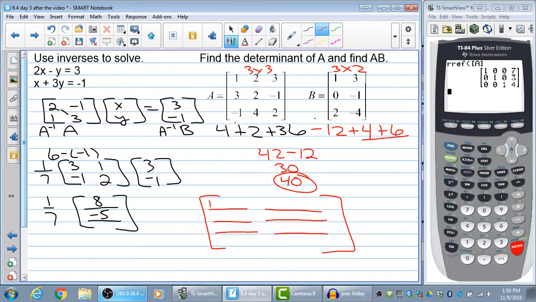We got 1 plus 0 plus 6. 3 minus 2 minus 12. 3 plus 0 minus 2. And 9 minus 2 plus 4. And then negative 1 plus 0 plus 4. And negative 3 minus 4 minus 8.